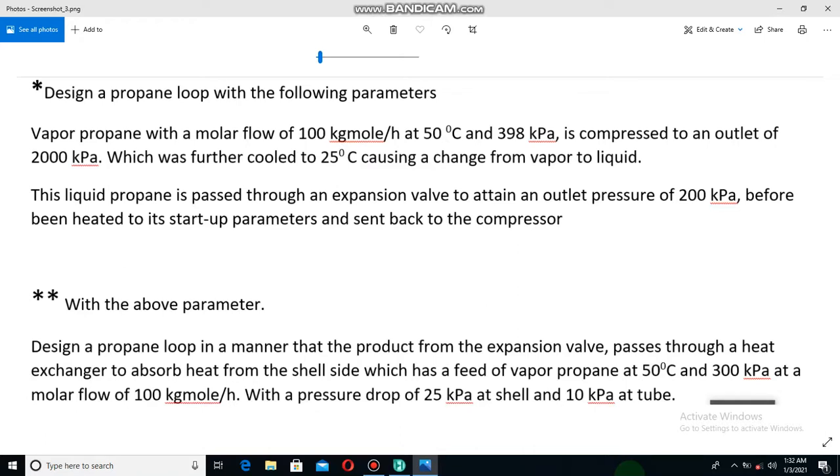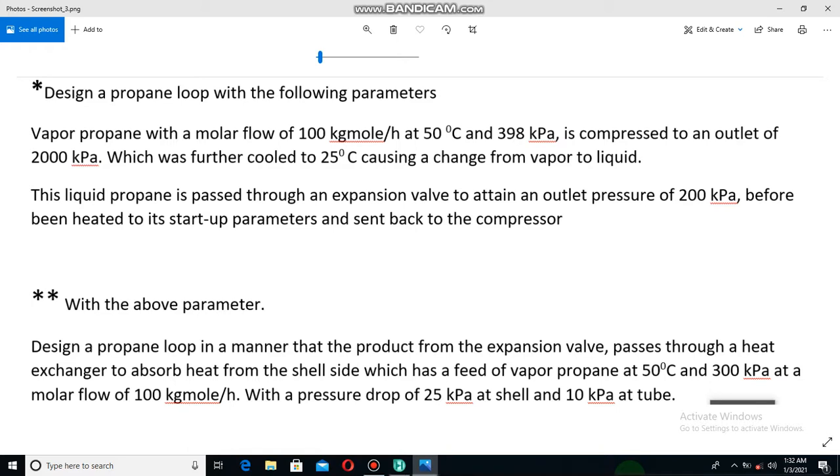First we go through the question. The question is, design a propane loop with the following parameters. Vapor propane with a molar flow of 100 kilomoles per hour at 50 degrees centigrade and 398 kPa is compressed to an outlet of 2000 kPa, which was further cooled to 25 degrees centigrade, causing a change from vapor to liquid.